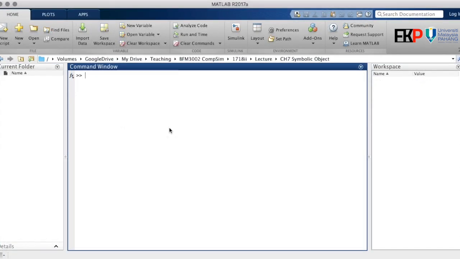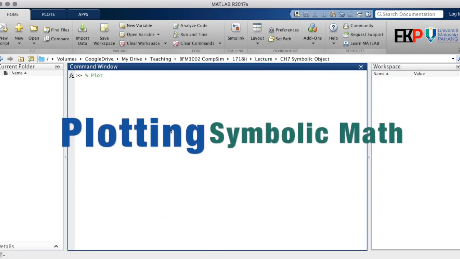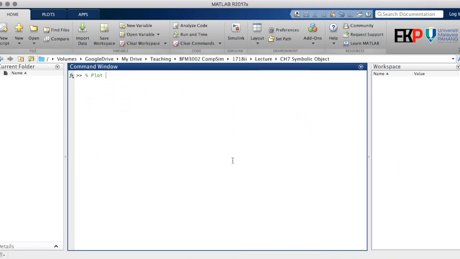Now let's take a look at how we can plot a graph using symbolic math. Just like the plot command for a normal operation, in symbolic mathematics, we can also plot the function. For example, if we do syms of x and we have the equation s is equal to x squared, we can plot the function as a symbolic function or symbolic expression.